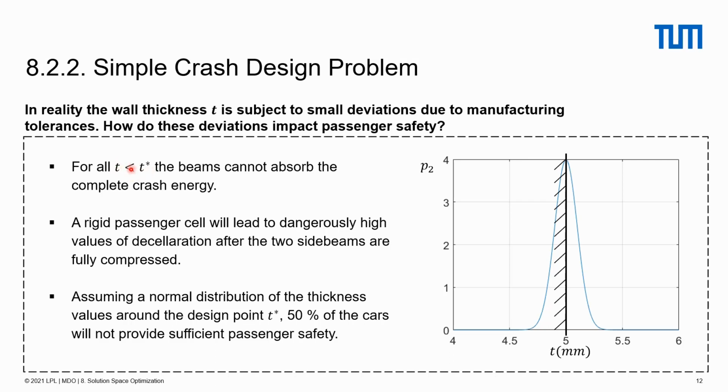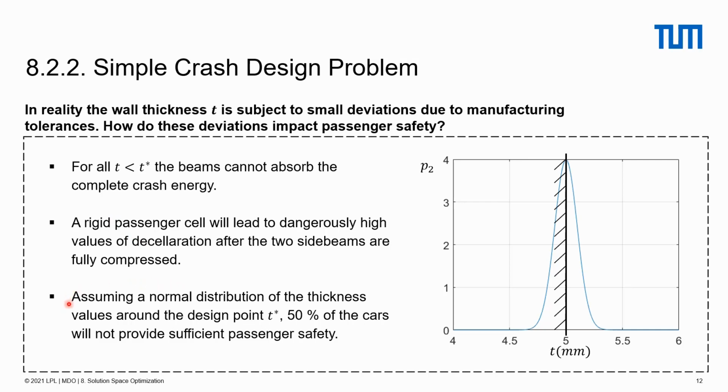That means if T is smaller than T star, the side bins cannot absorb the complete crash energy. And then, as the passenger cell is assumed to be rigid, it will lead to dangerous high values of deceleration after the two side bins are fully compressed. We have energy left. That means the passenger cell will have enormous deceleration.